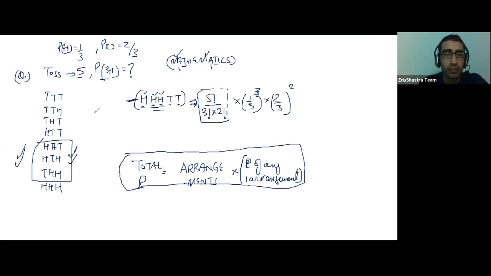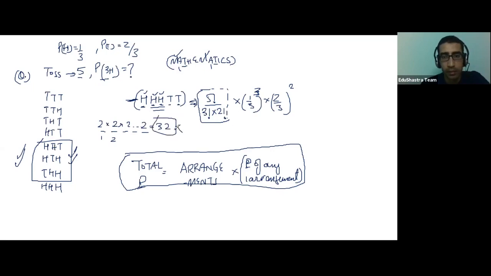Using the fundamental principle of counting, it may seem like you have toss number 1, toss number 2, toss number 3, toss number 4, toss number 5. In toss number 1, how many outcomes? 2 outcomes, either a head or a tail. In toss number 2, 2 outcomes, a head or a tail, 2, 2, 2, 2, 2 each time, and therefore 32.